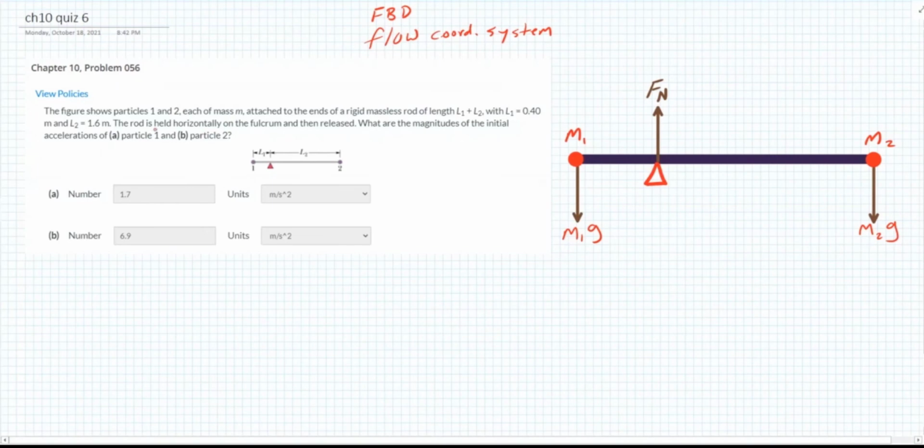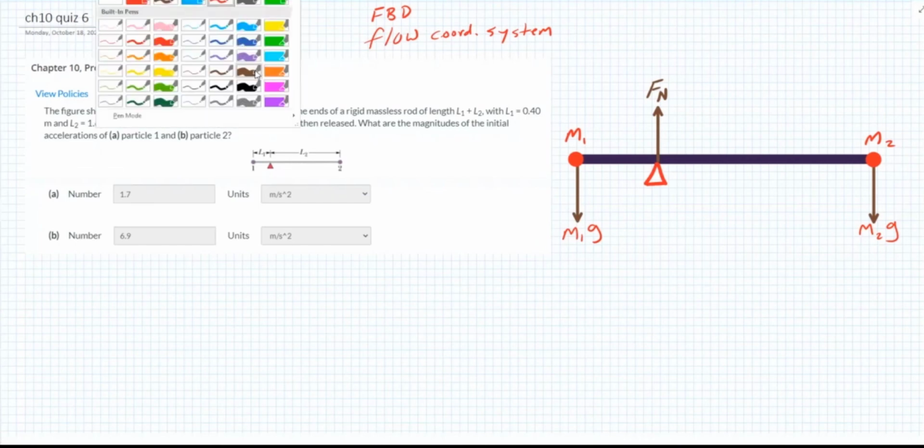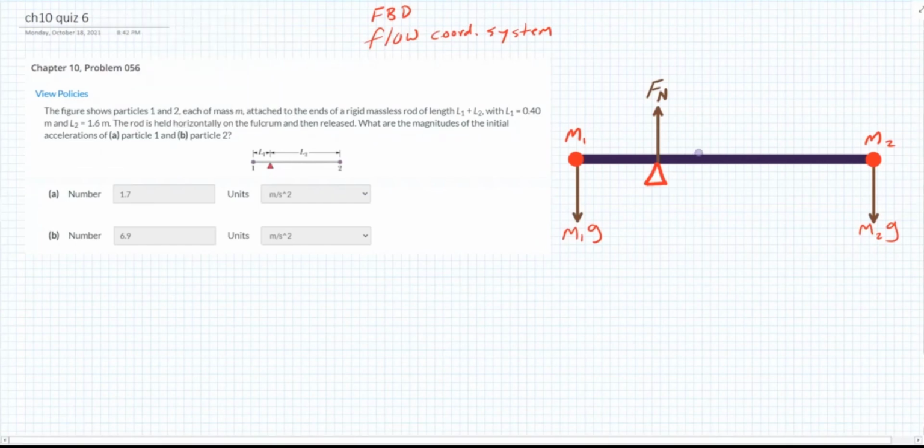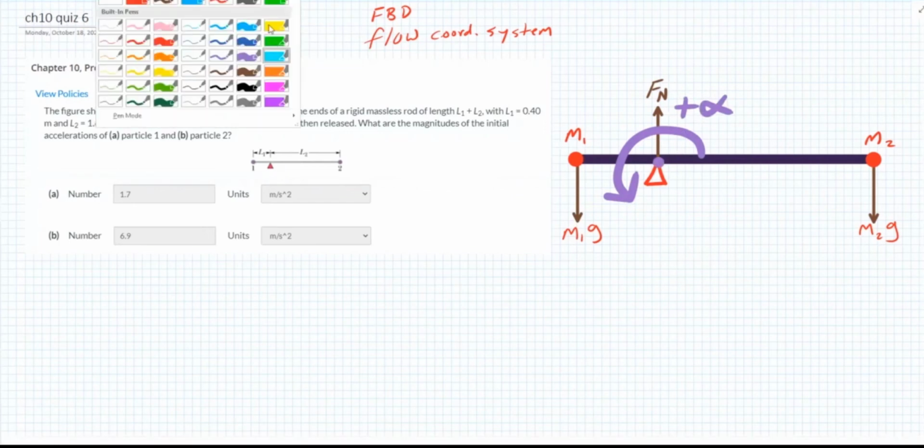The problem specifies the rod is held horizontally and then released, so I'm just going to stick with counterclockwise as positive. So right here, I'm going to say this is positive alpha, because this is my AOR right there. Let me make that larger. This is my AOR right here.